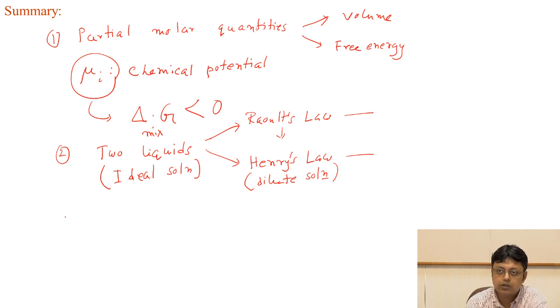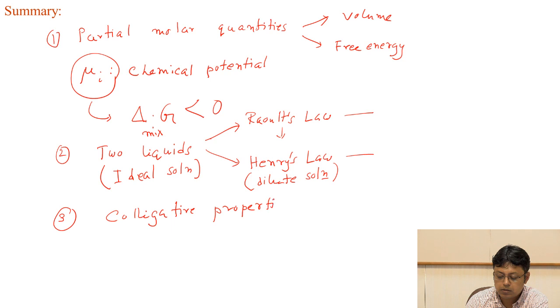We talked about the solute-solvent interactions. And then in the last part, very briefly, we talked about what are known as colligative properties. There we talked about why, if we add a pinch of salt in water, the freezing point is depressed or the boiling point is elevated.